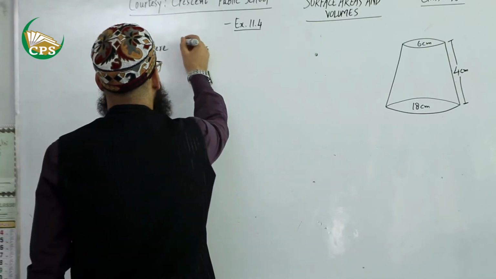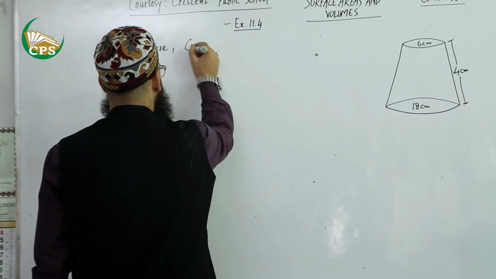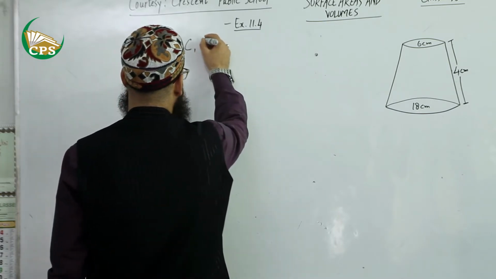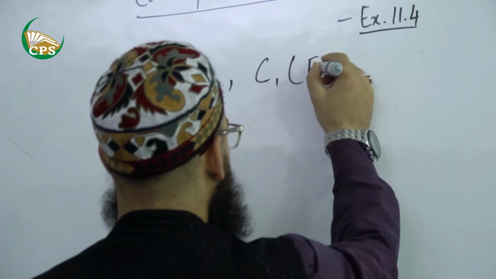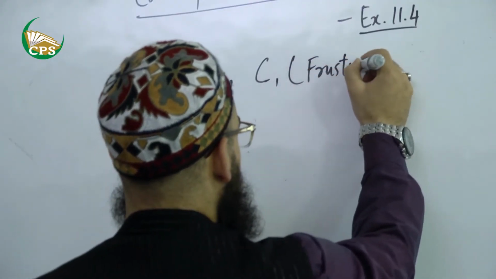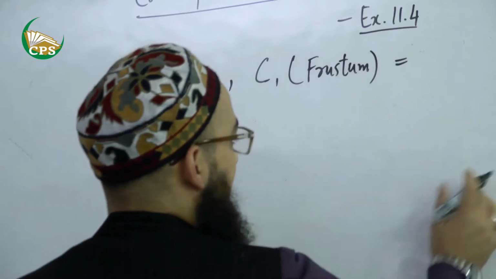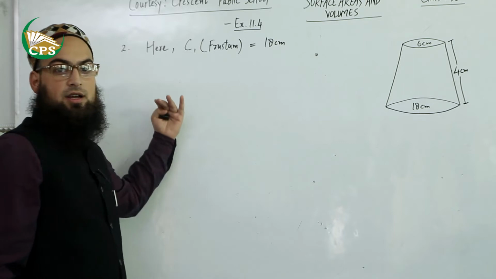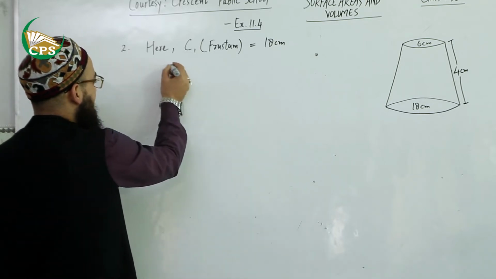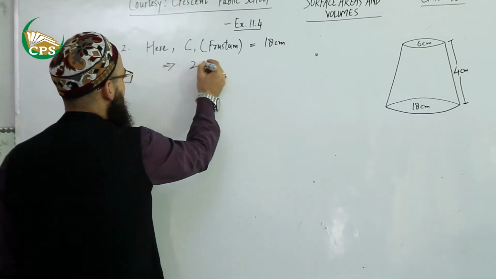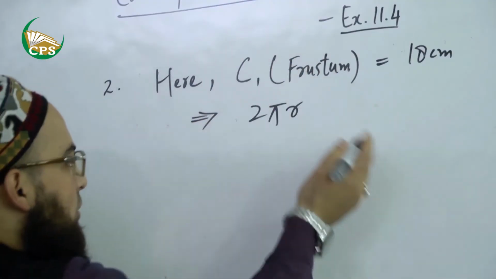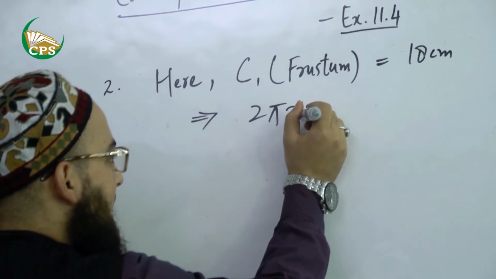Circumference of the bigger one, that is C1 of the frustum, is 18 centimeter. You know the formula for circumference, that is 2 pi r. For C1, the radius is the lower radius, the bigger one, that is r1.